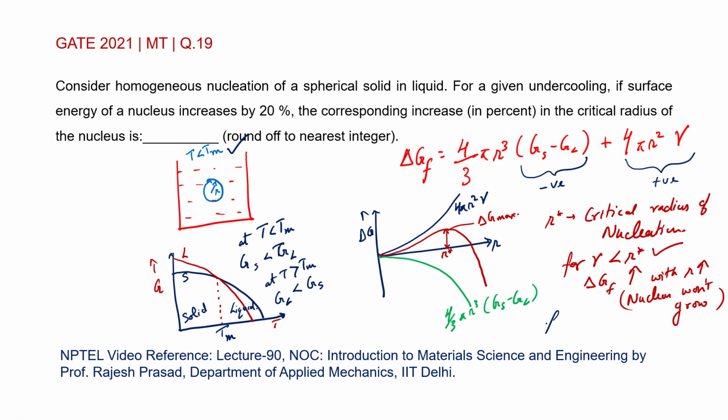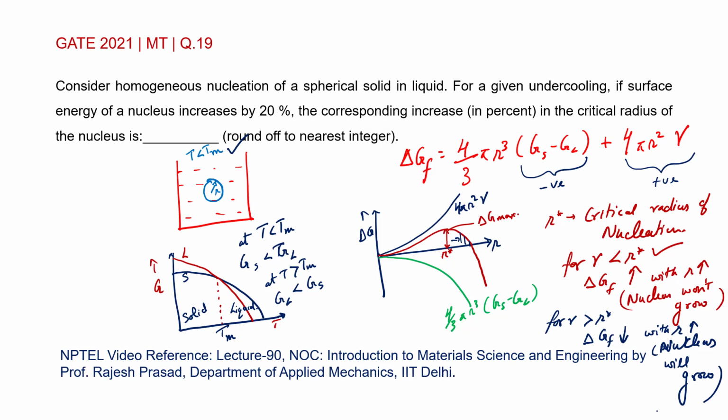Likewise, for radius more than r star, the critical radius, you will see that delta GF tends to decrease with increase in the size of the nucleus. So the nucleus will grow. Okay, so that is a favorable position.